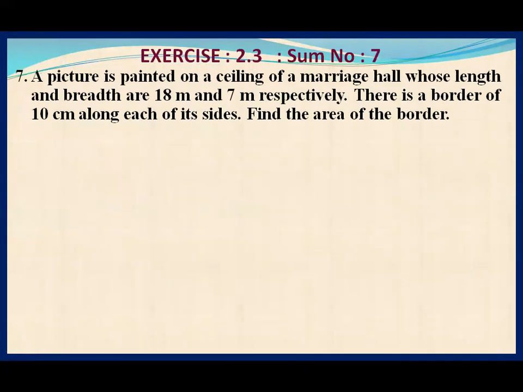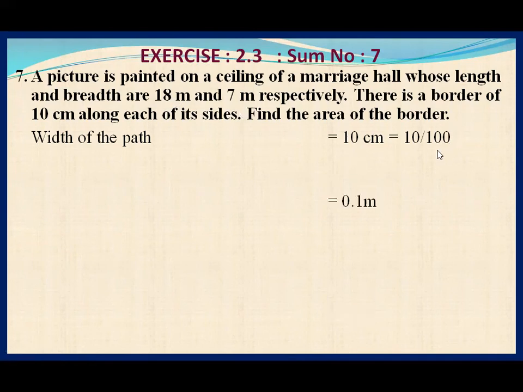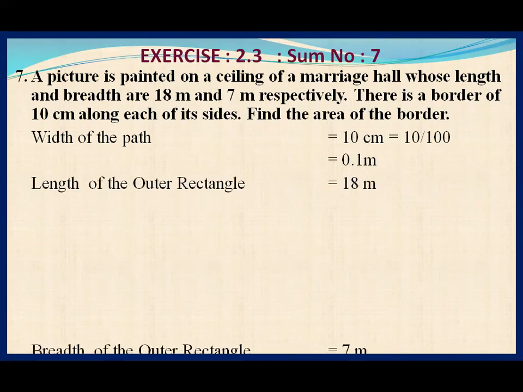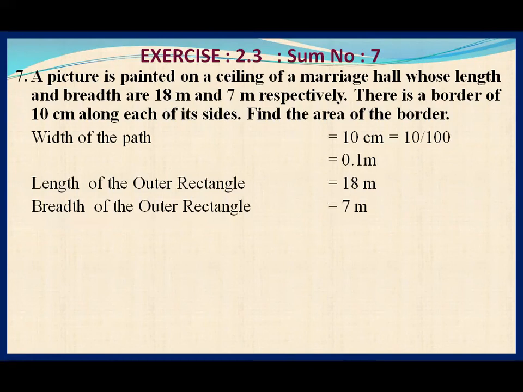A picture is painted on the ceiling of a marriage hall whose length and breadth are 18 meters and 7 meters respectively. There is a border of 10 centimeter along each of its sides. Find the area of the border. So here the width of the border is given in centimeters and other dimensions are given in meters. So you have to convert this into meters. To convert centimeter to meter, you divide by 100. So 10 by 100, you get 0.1 meter. So now the outer length and outer breadth are given. So find the inner length.